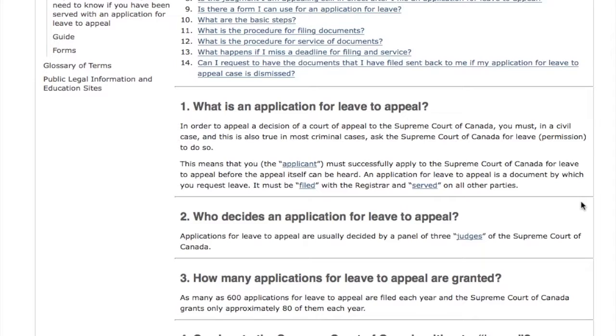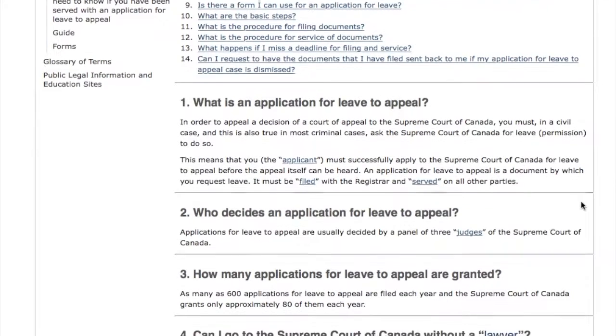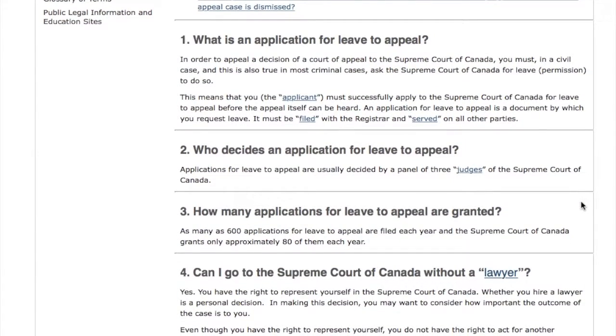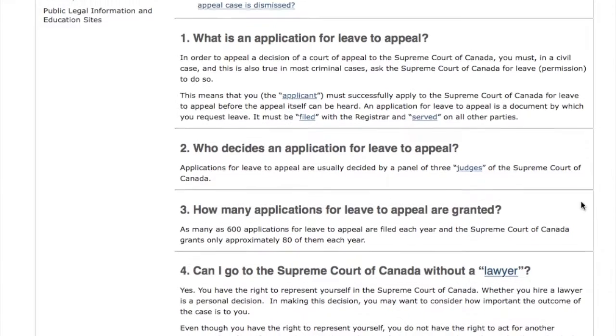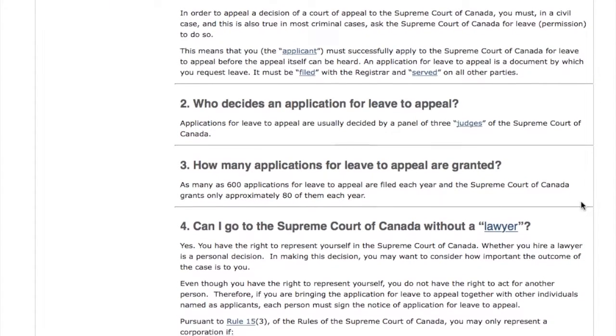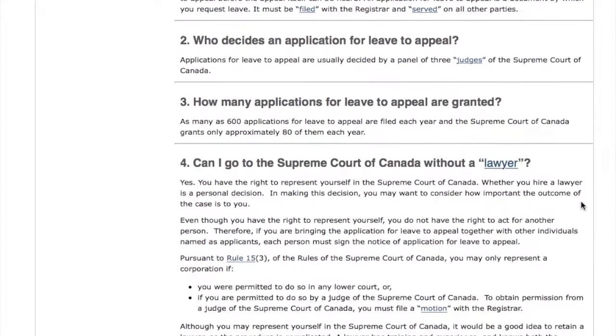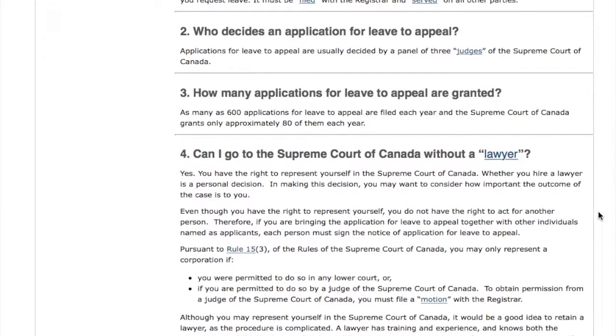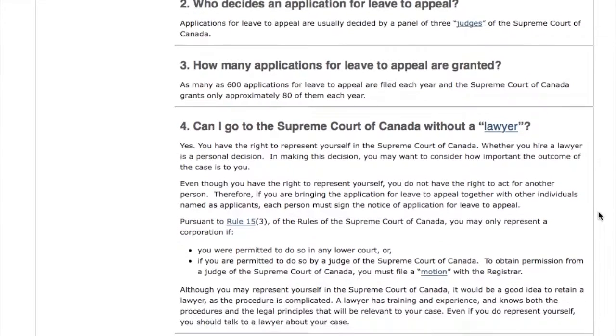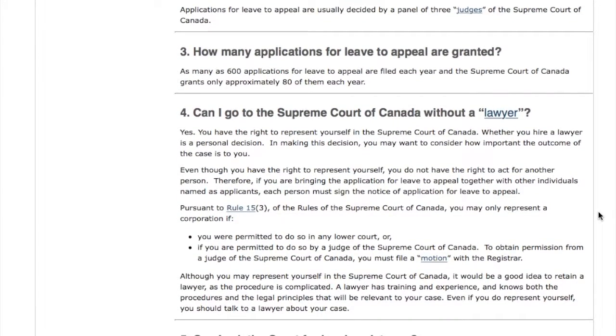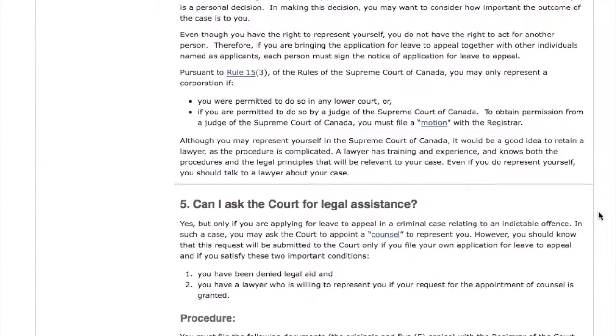It's good to note that the Supreme Court hears appeals that are typically of national importance, and there is specific wording that it says here on the Supreme Court website. I think I get to that in a minute. But your issues really have to transcend your own case.